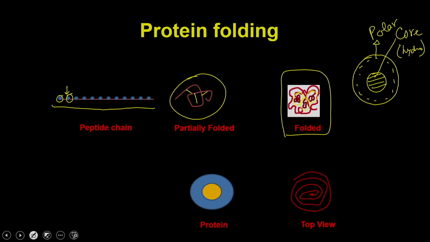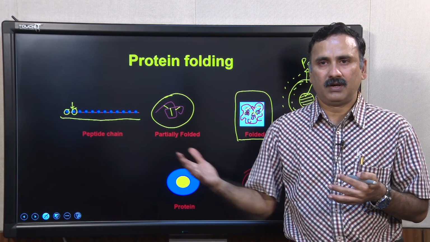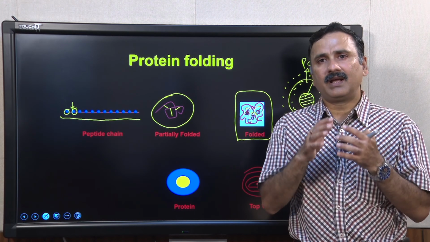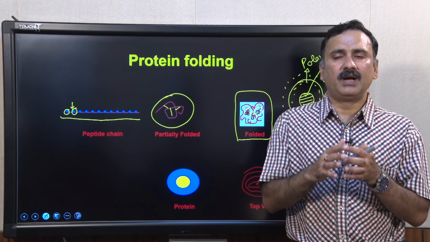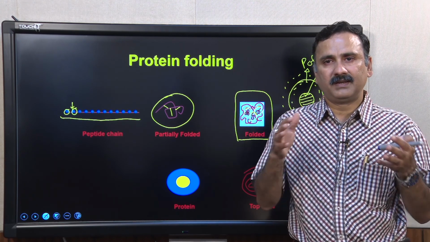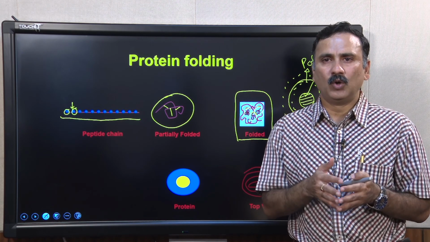This arrangement happens because you have water outside, and all the polar amino acids love water. So you have the hydrophobic core in the center and a hydrophilic periphery, and mostly the proteins arrange their amino acids around a central axis. That is true for most globular proteins.